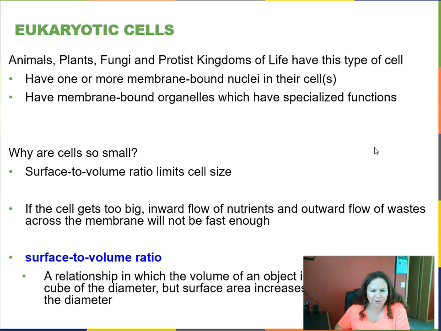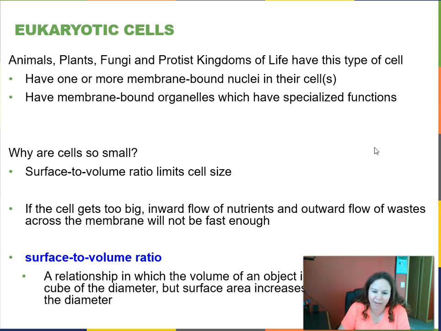So why are cells so small? It's called the surface to volume ratio, which limits our cell size. Basically, if a cell gets too big, it would take too long to diffuse nutrients and oxygen gases and things like that into the cell and to get everything that's needed all over inside of a cell.